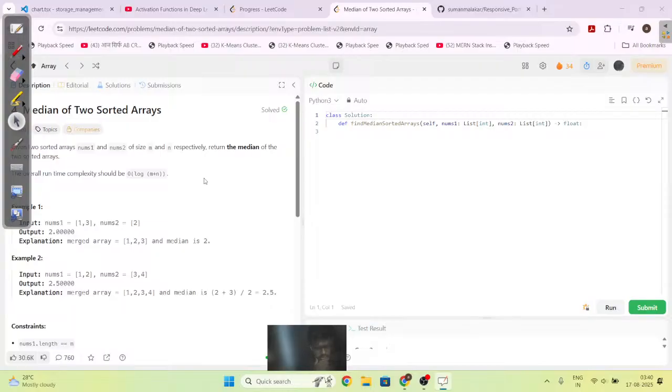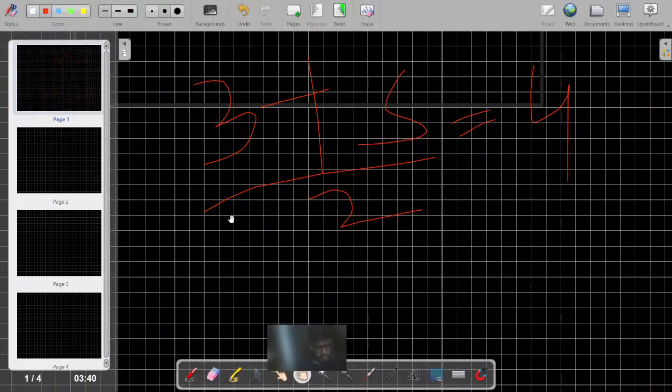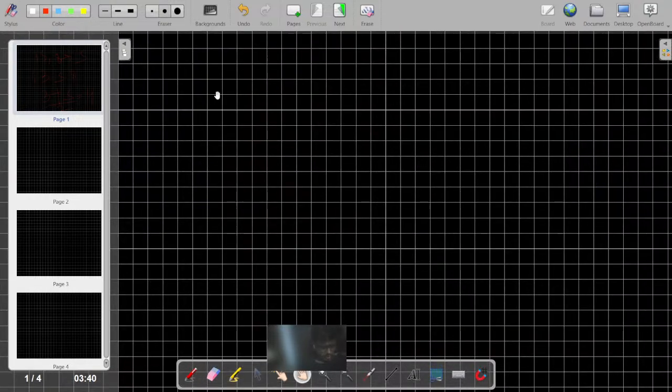However, it's not always the case that all elements of nums1 are smaller than those of nums2. For example, nums1 is 1 and 2, and nums2 is 3 and 4.